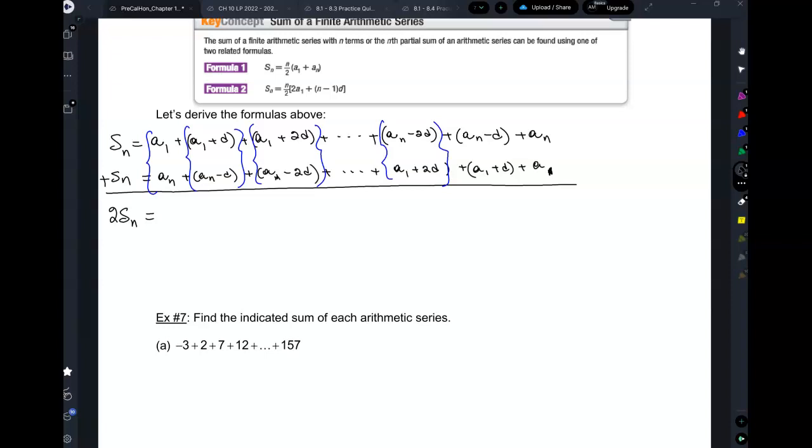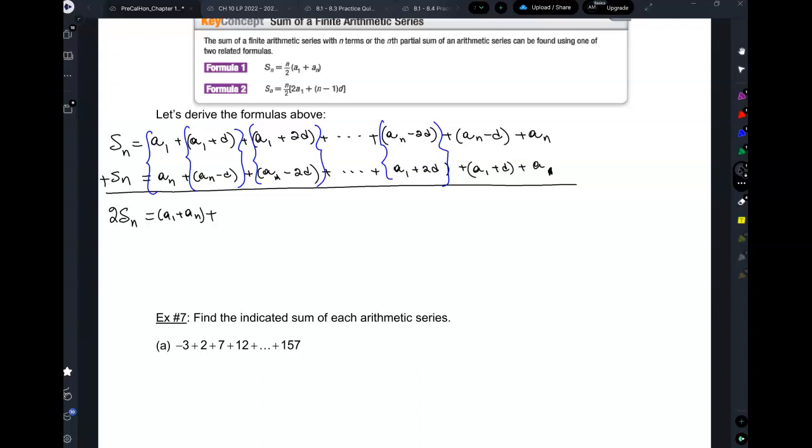Yeah, because we're going to add them by columns like that, right? What do we get in the first column? A1 plus AN. What do we get in the second column? Look, what do we get here when you add these two? A1 plus AN. What do we get here? A1 plus AN.